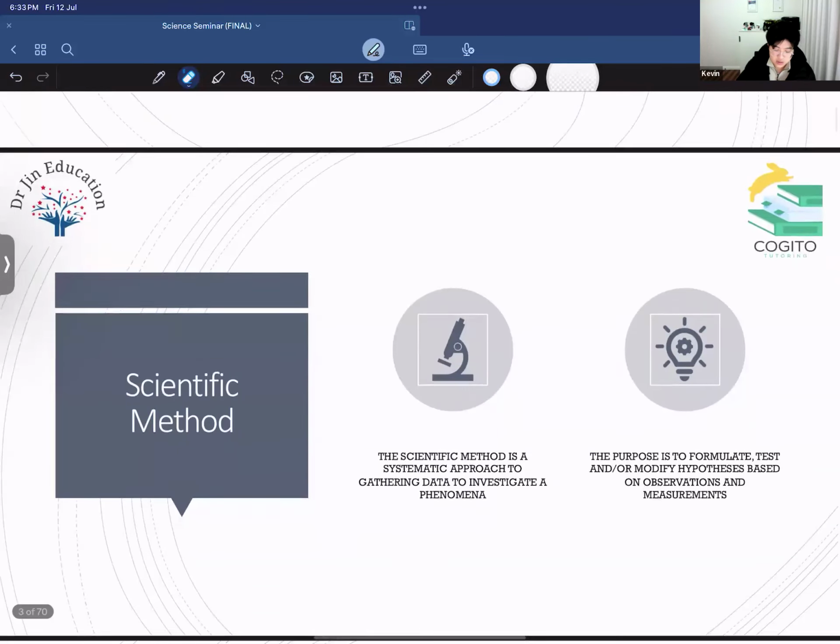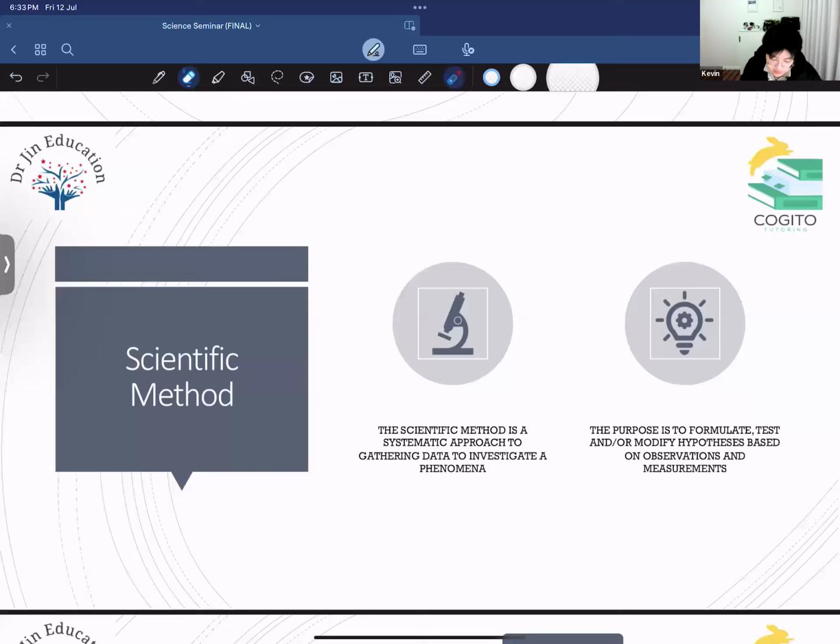The scientific method is a systematic approach to gathering data to investigate a phenomena. Often you don't really know why that phenomena occurs, so you're a bit confused as to why it happens, but it's a method that helps you figure it out step by step.